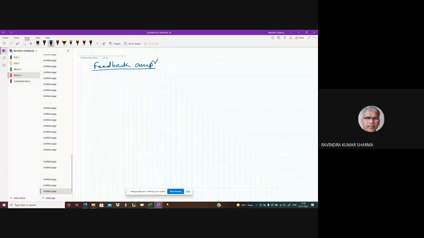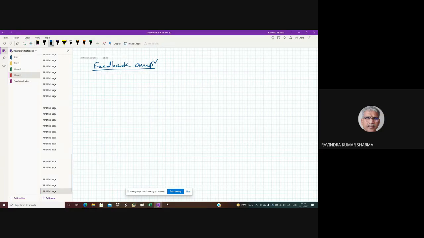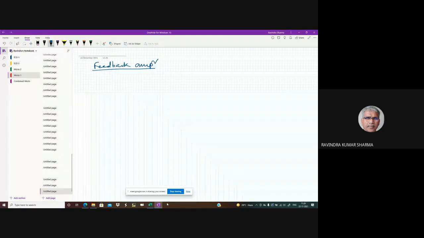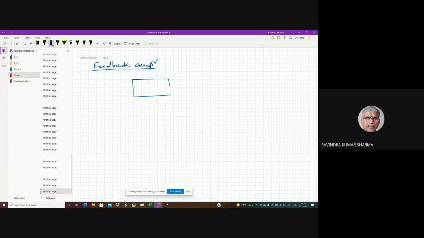Feedback amplifier, right? So what happens in a feedback amplifier, we have a normal amplifier, and the output of this amplifier is given to a feedback. This is the amplifier. So a fraction of this output is given to the input of a network, which is called the feedback network.